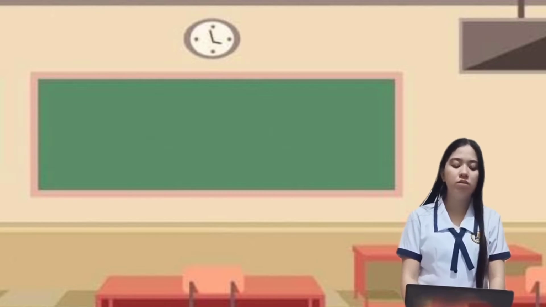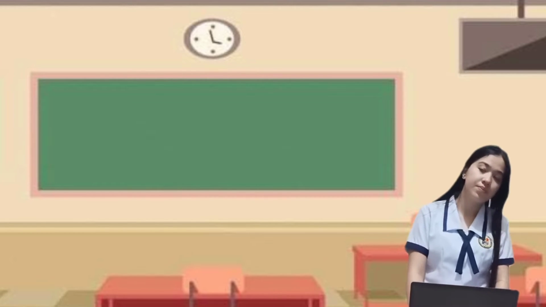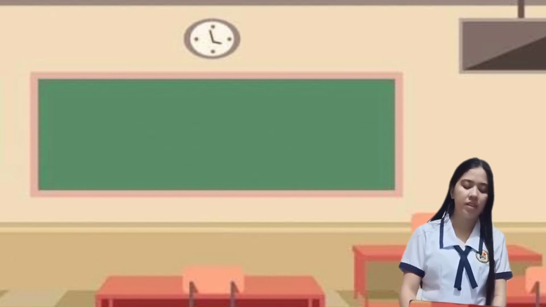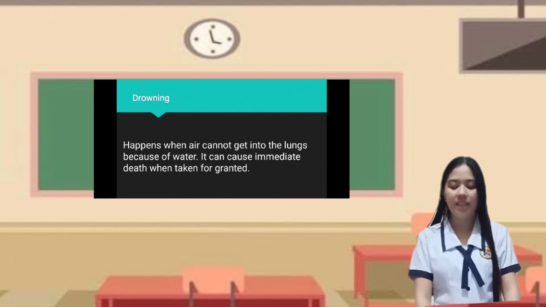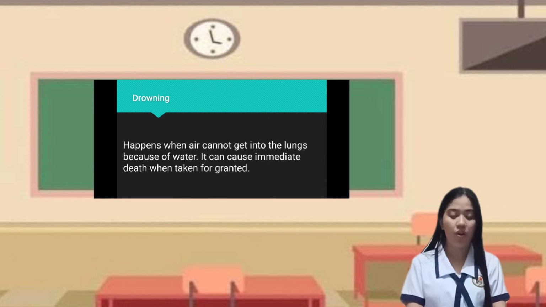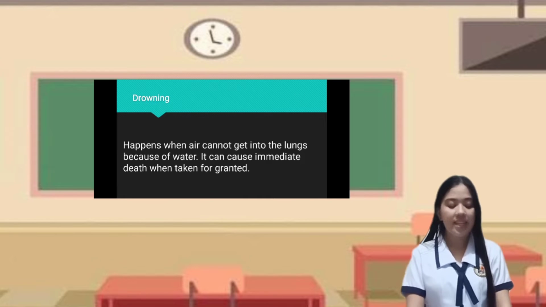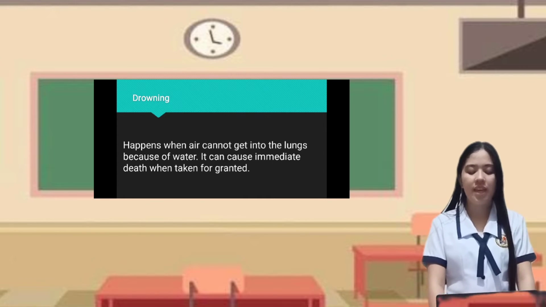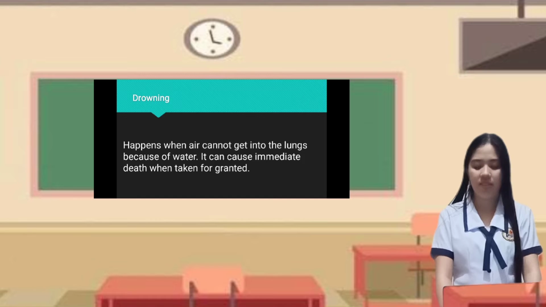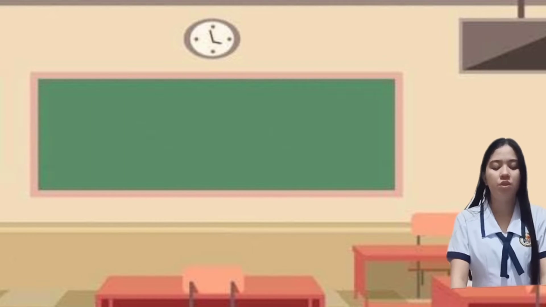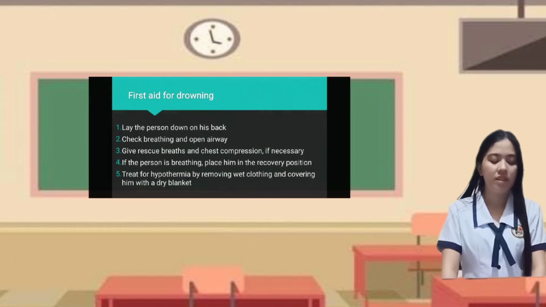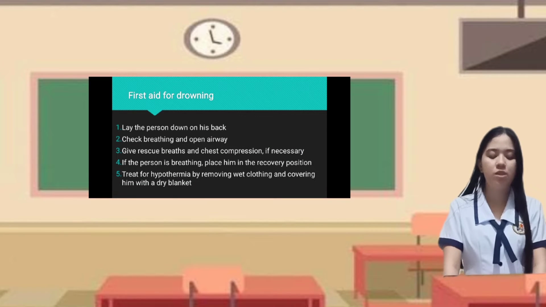So how about drowning? Very good. So drowning happens when air cannot get into the lungs because of water. It can cause immediate death when taken for granted. So this is the first aid for drowning. Number 1, lay the person down on his back.